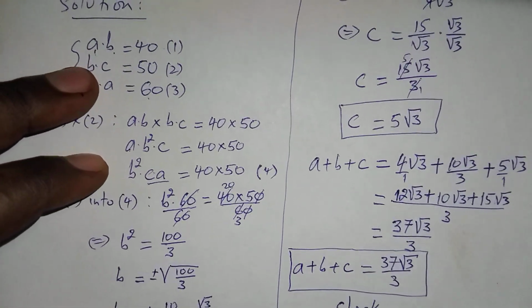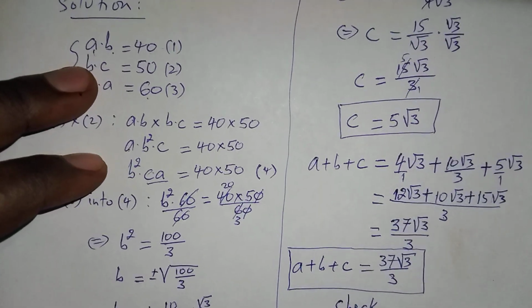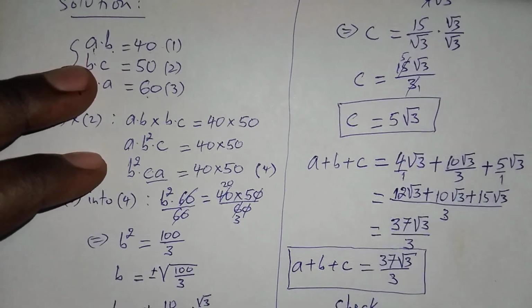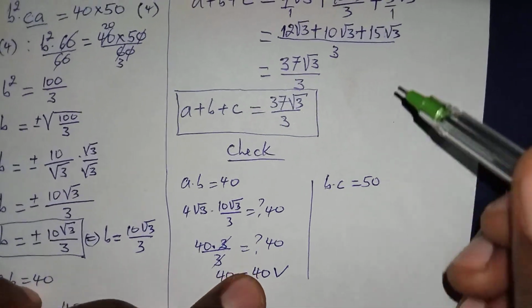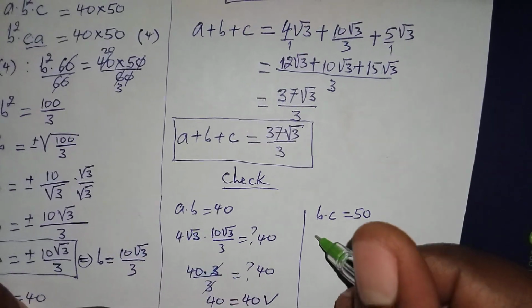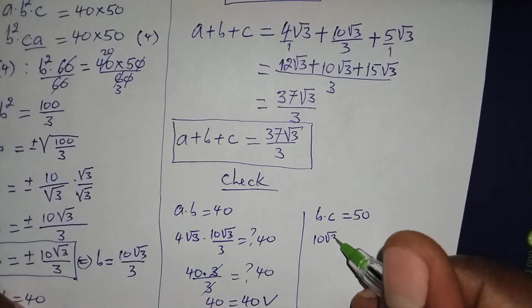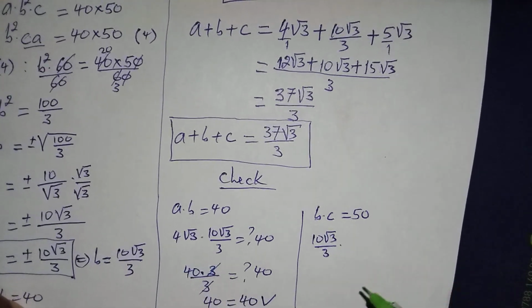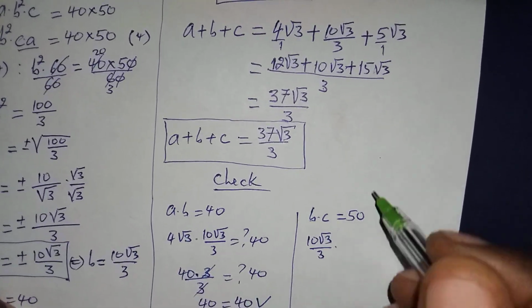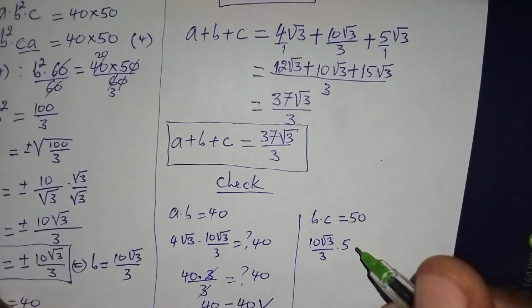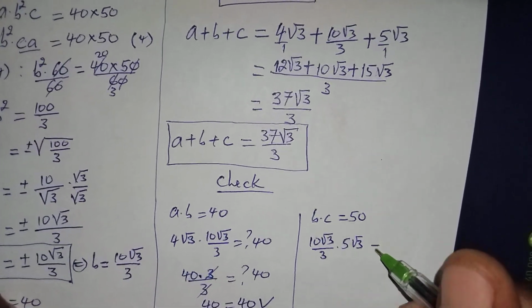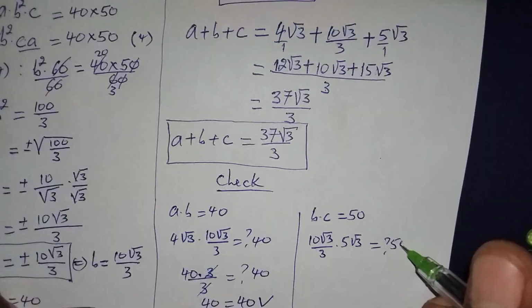And then equation 2. Equation 2, we have B times C equal to 50. So B is equal to 10 square root of 3 over 3 times C, C is equal to 5 square root of 3. Is it equal to 50?